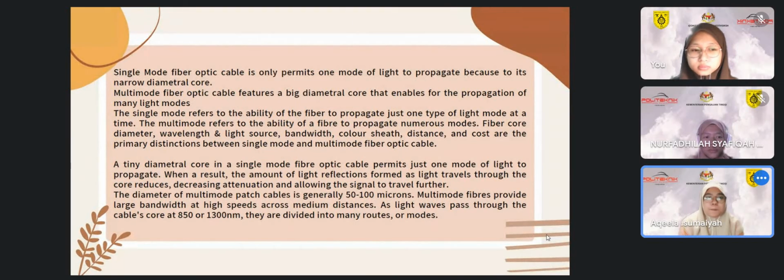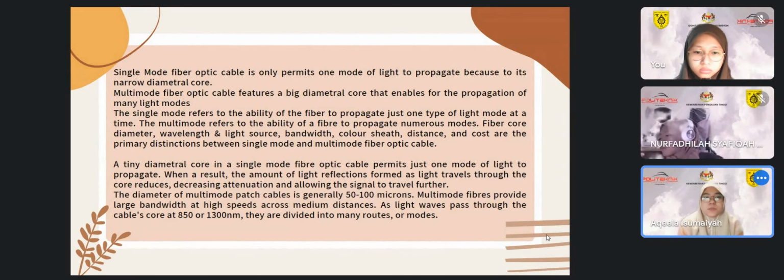Single mode fiber optic cable only permits one mode of light to propagate because of its narrow diameter core. Multi-mode fiber optic cable features a big diameter core that enables the propagation of many light modes.